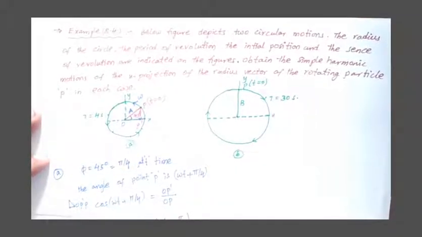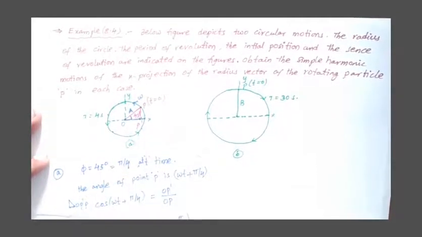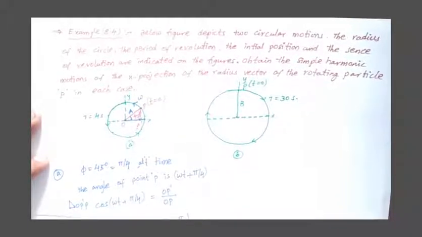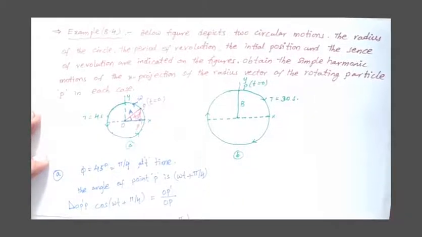Omega t is 2 pi by capital T, so A cos of 2 pi by capital T into small t plus pi by 4. This is the x of t value.